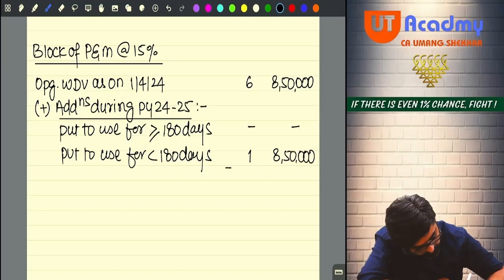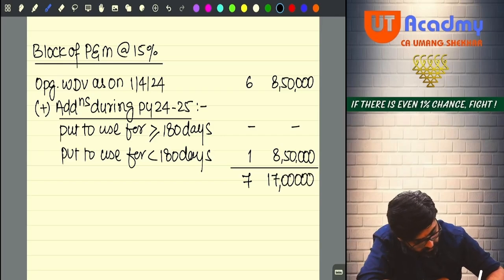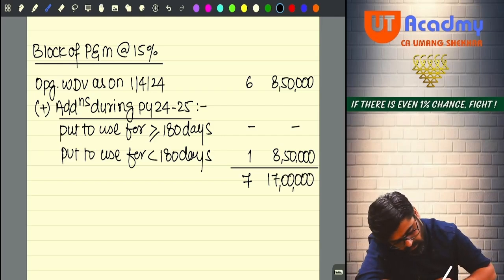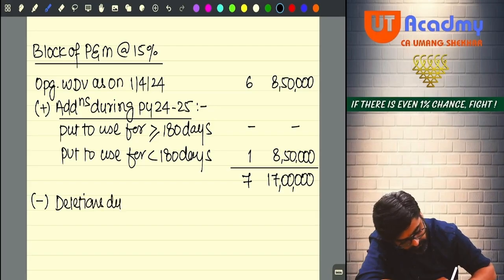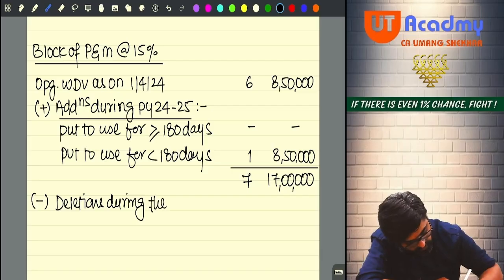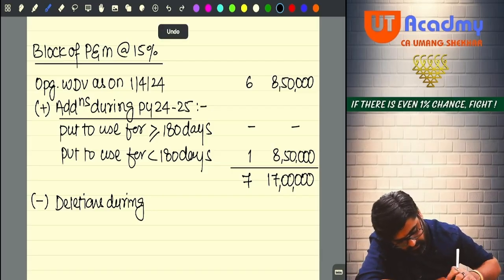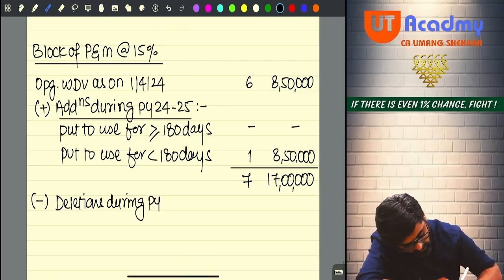Now in total 7 machines are there in the block, and the value is 17 lakhs. And during the year I have also sold: deletions during the previous year 24-25.